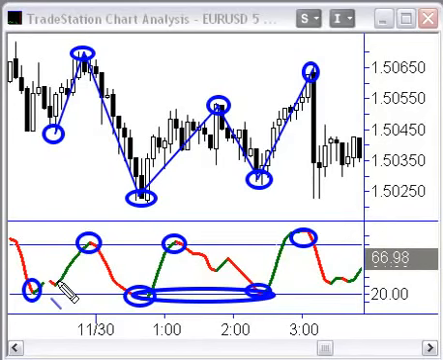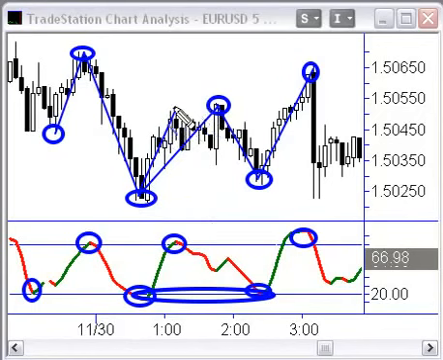Now, there is a downside to this still. Even though we've gotten closer, this works great in hindsight. But the problem is, if you look at this, for example, this comes up here, and this hits 80. So on the hard right edge of the screen, when the market is right here, this is going to look like a high.